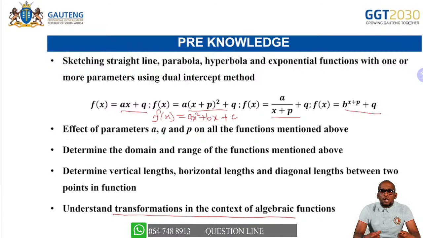Yes, your teachers might show you what happens with transformation of points and all of that, but it is also important that you are able to apply the concept of transformation in the context of algebraic functions.